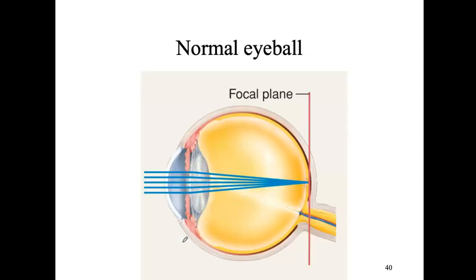Let's start out with myopia here. First, actually, we're going to start out with the normal eyeball. So this is the normal eyeball that I showed you before, right? Rays are coming in, the light is going to be bent by the lens, and it's going to come to a focal point. And look at the focal plane where it's going to land. Okay, that's all good. What if this focal point here doesn't land exactly in the back of the eye?